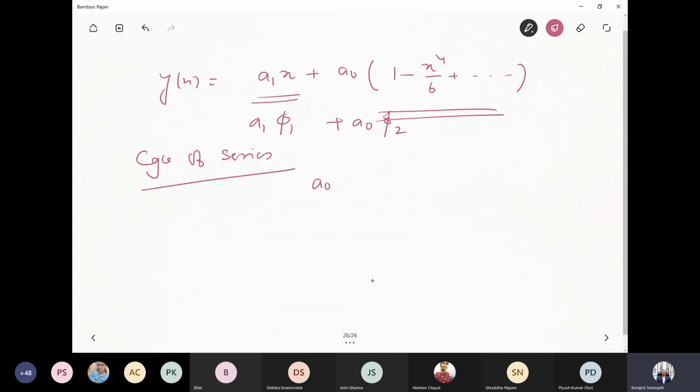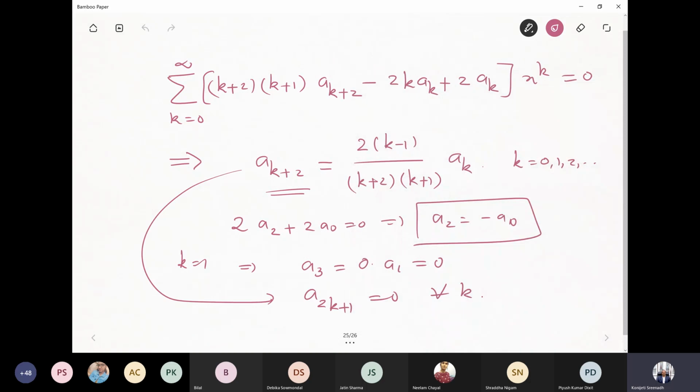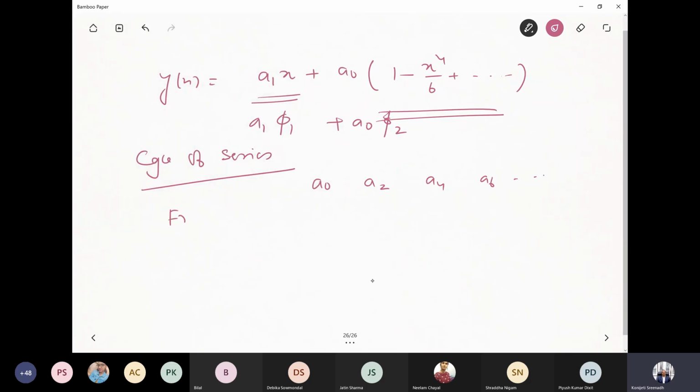So the series a0, a2, a4, a6 are related by this recurrence relation. So you can write this as b0, b1, b2, b3 like this.